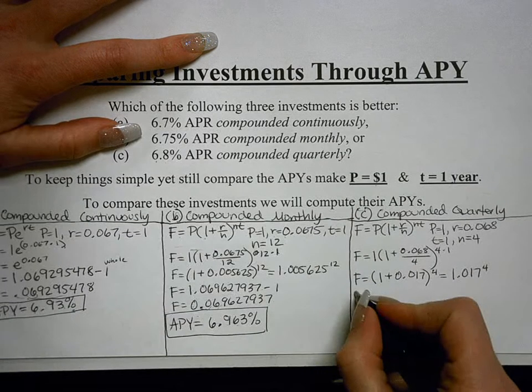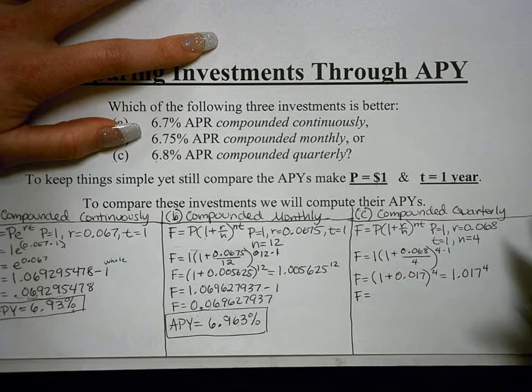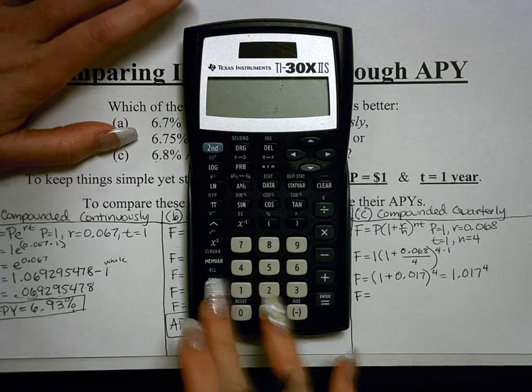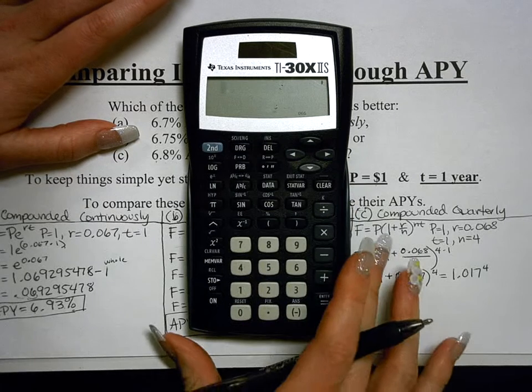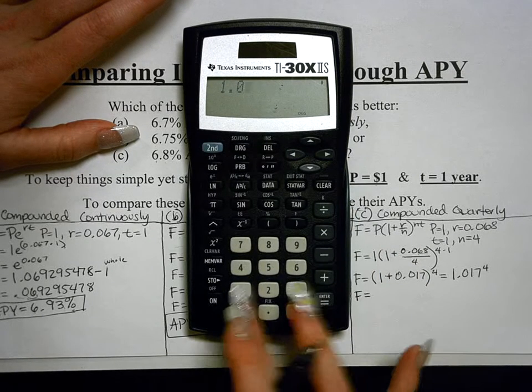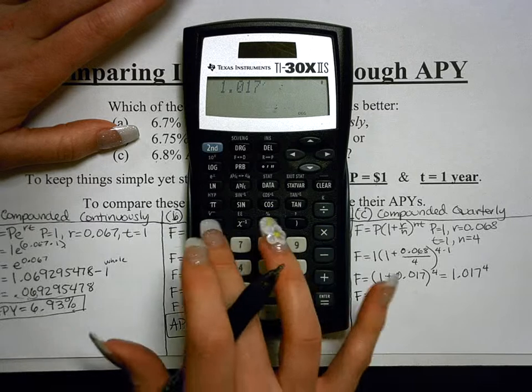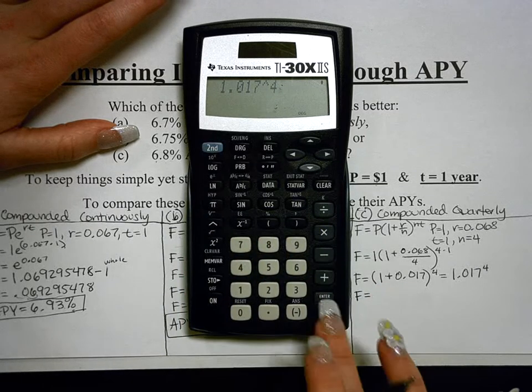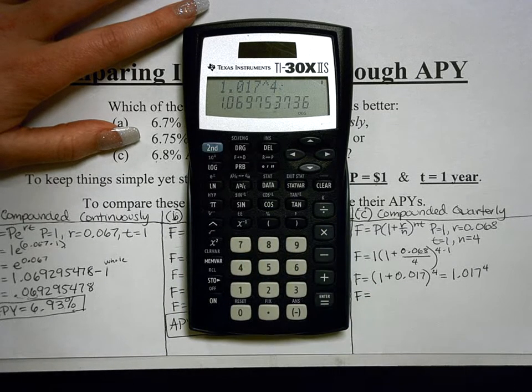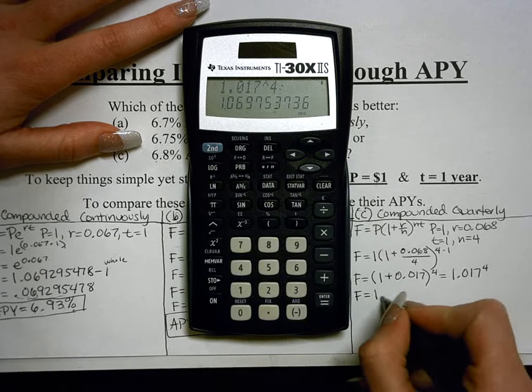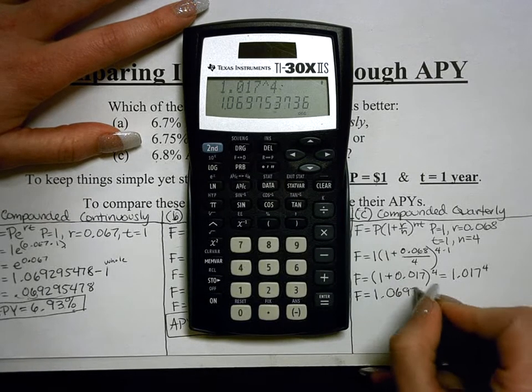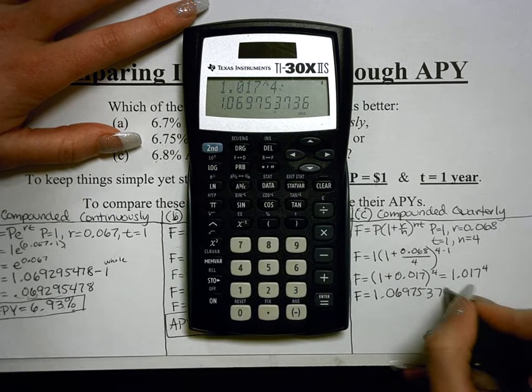Now, when I put that into my calculator, I just put 1.017, use the caret, raised to the 4th power, hit enter, and I get a big old long number: 1.069753736.